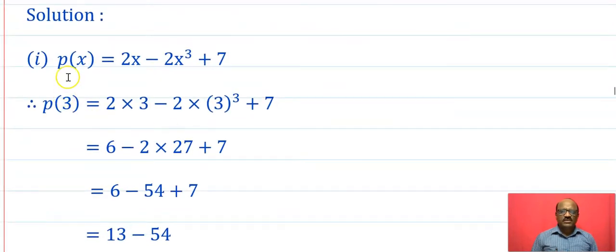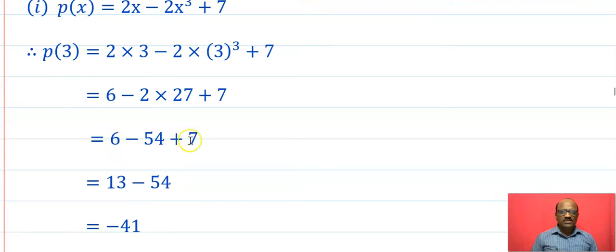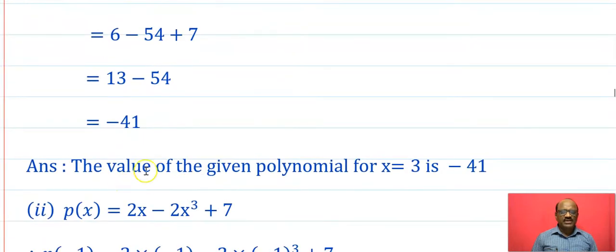Now first, p of x is equal to 2x minus 2x cube plus 7. p of 3 is equal to, replace x by 3, that is 2 into 3 minus 2 into 3 cube plus 7. 2 into 3 is 6, 3 cube is 27, so 6 minus 54 plus 7. And overall, 6 plus 7 is 13, minus 54, and you will get minus 41. This is the value of the polynomial for x equal to 3, which is minus 41.